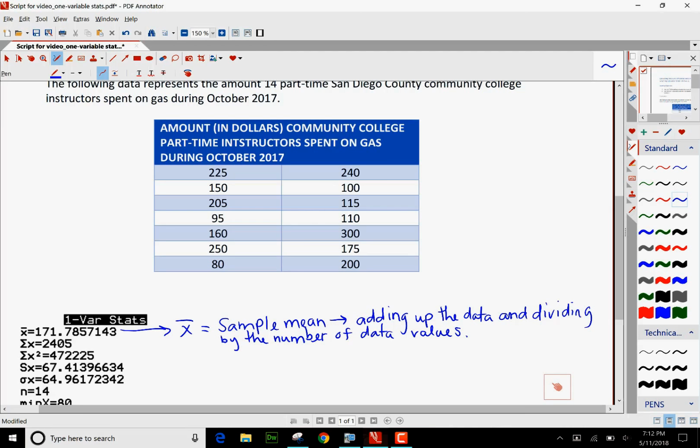So literally what this calculator did is it added up all of these data values and it divided by what?